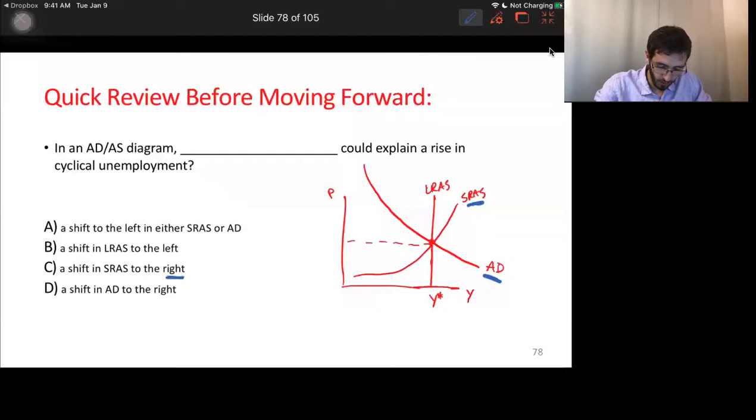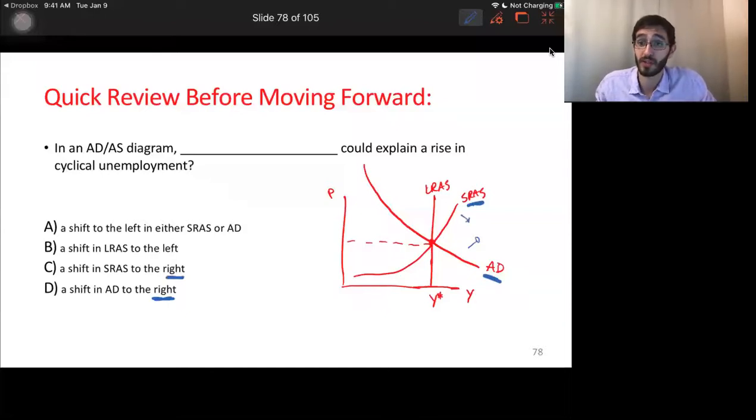If we're shifting them to the right, we know there'll be an increase in those curves, and they're going to shift this way, leading the economy to be past the potential GDP line. You can try those on your own and see whether they work or not. I really advise you guys to try.